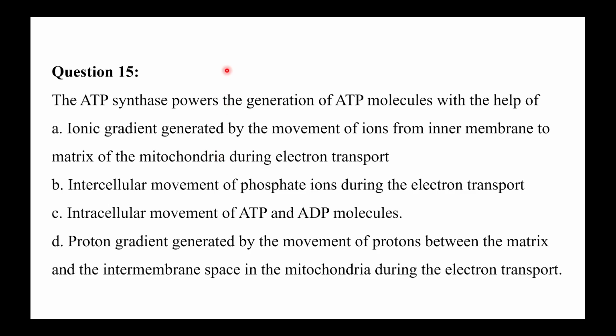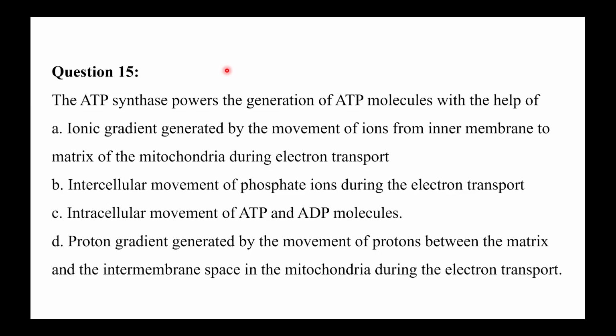Question number 15. The ATP synthase powers the generation of ATP molecules with the help of: option A, ionic gradient generated by the movement of ions from the inner membrane to the matrix of mitochondria during electron transport chain.